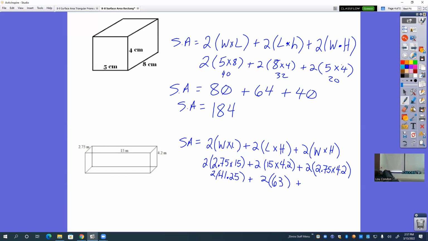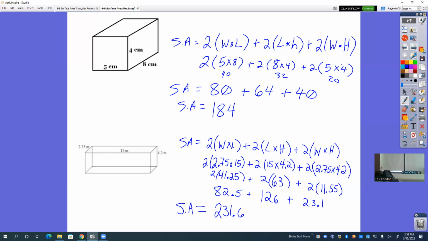Doubling those gives 82.5 plus 126 plus 23.1. So our total surface area equals 231.6.